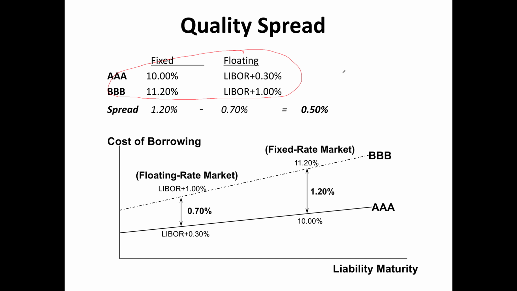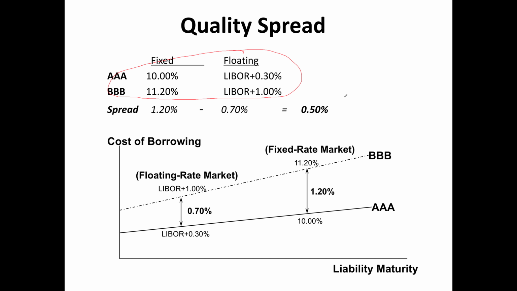The AAA company, which has a lower risk, has a fixed borrowing cost of 10%. The floating rate is LIBOR plus 30 basis points. LIBOR stands for London Interbank Offered Rate, which is an international standard, very similar to the treasury bill rate.